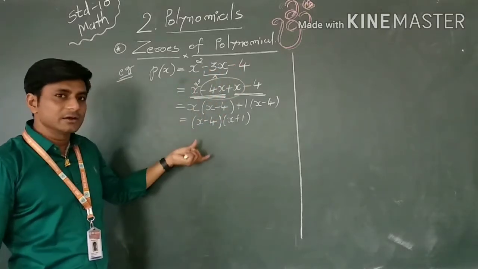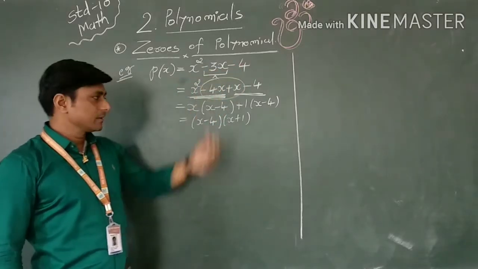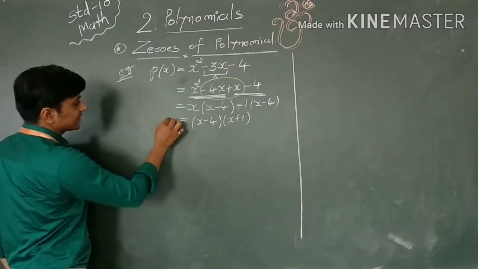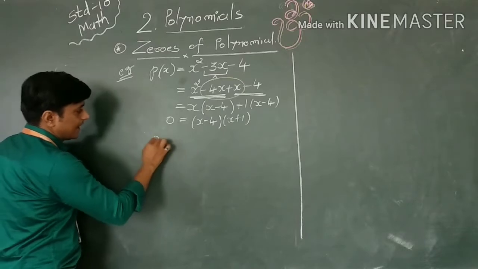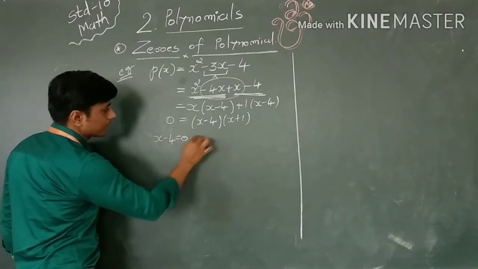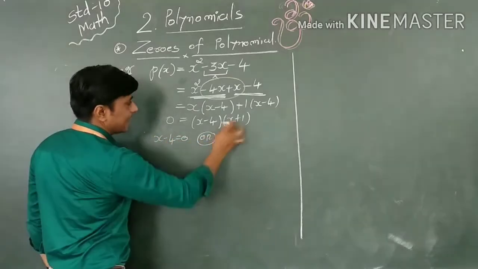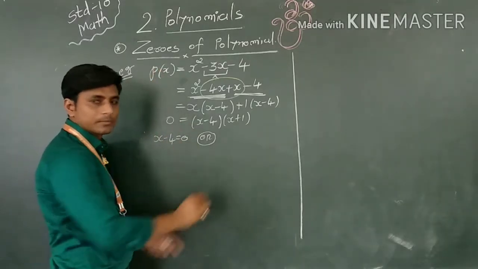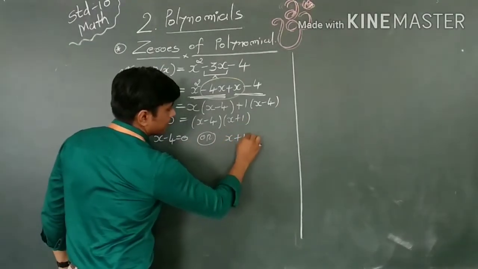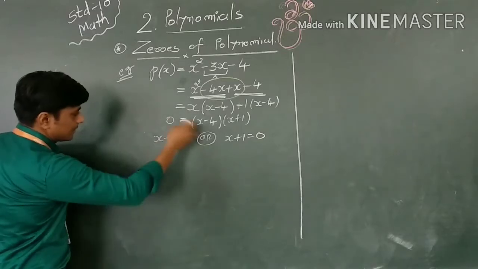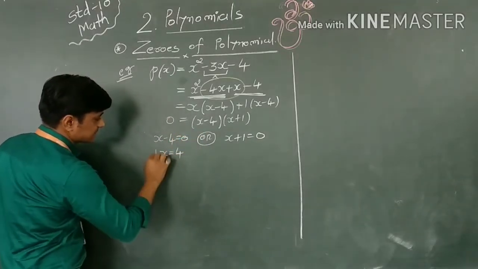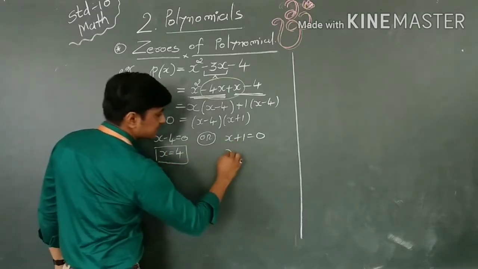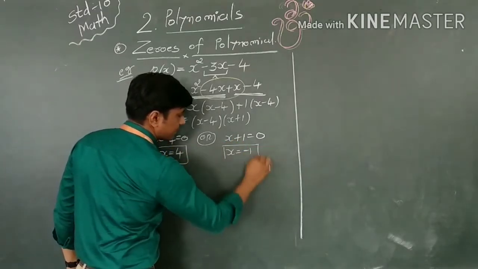We have already learned this in a previous standard. If we take p of x equal to 0, therefore x minus 4 is equal to 0 or x plus 1 is equal to 0. Transferring to the opposite side, we have x is equal to 4 and x is equal to minus 1.